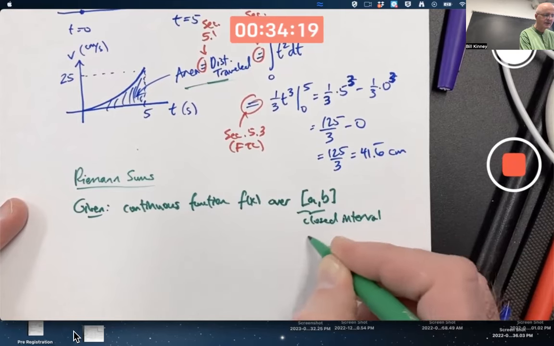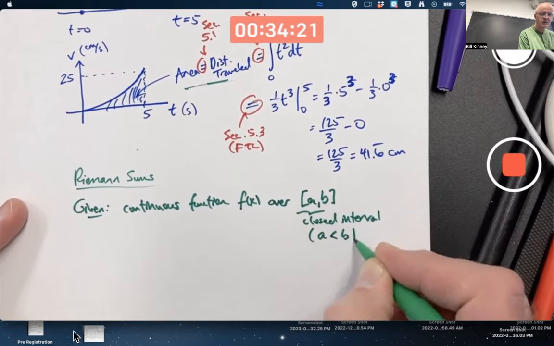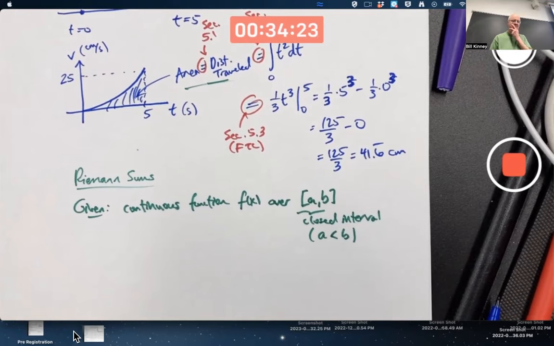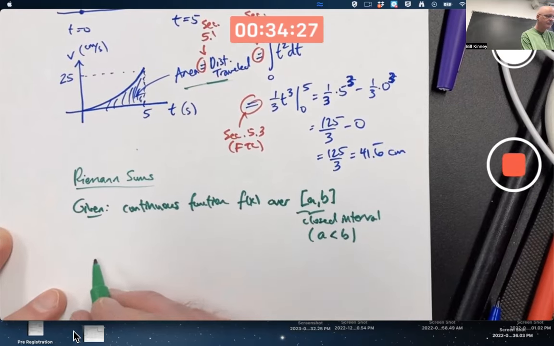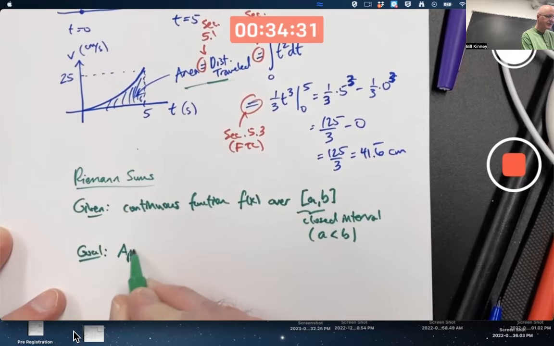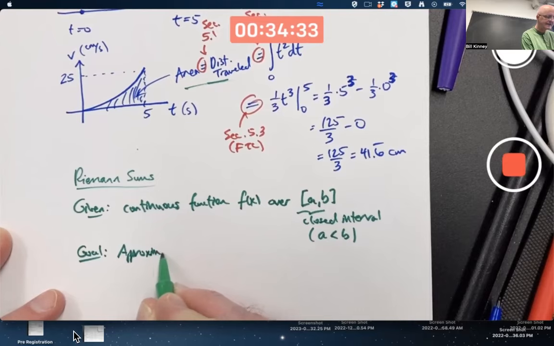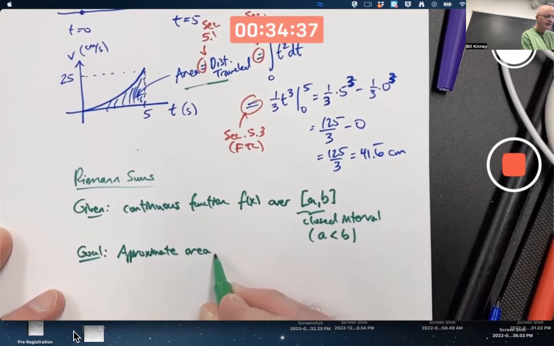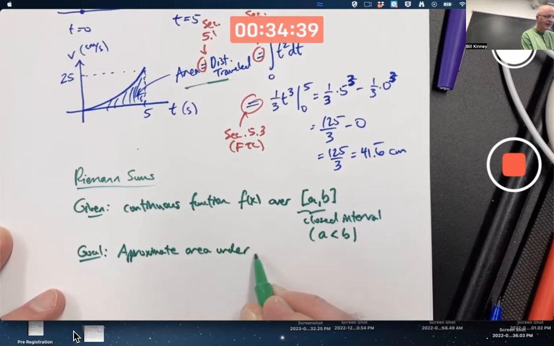I'm implicitly assuming a is less than b here. There are two numbers where a is less than b. My goal is to approximate the area under the curve. So I'm really only talking about areas at the moment, under the graph of f.